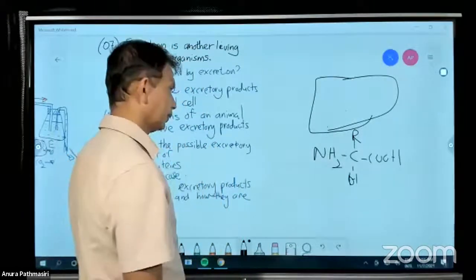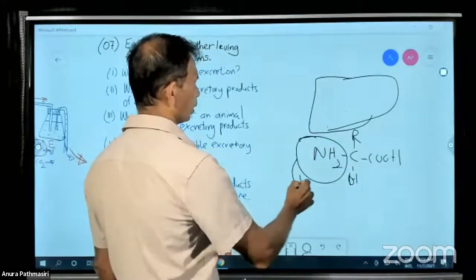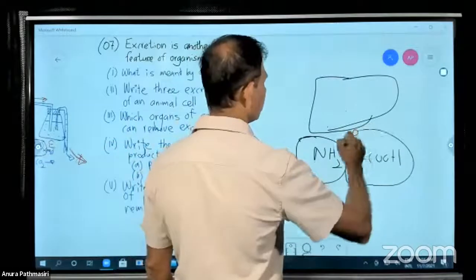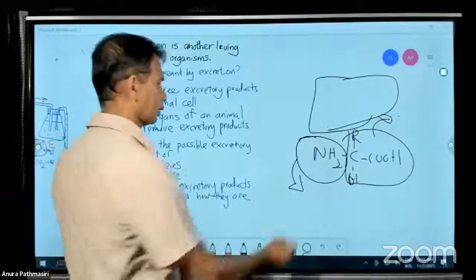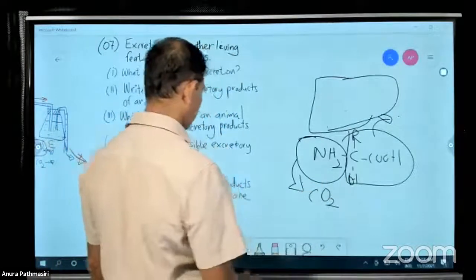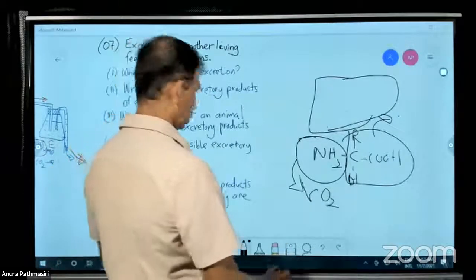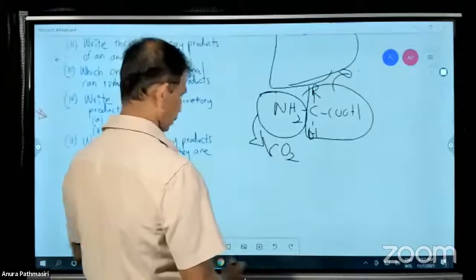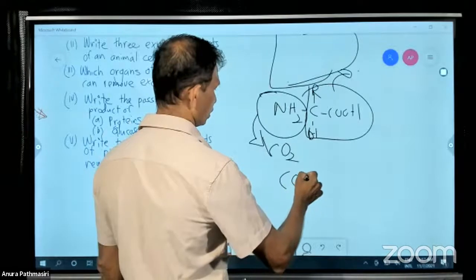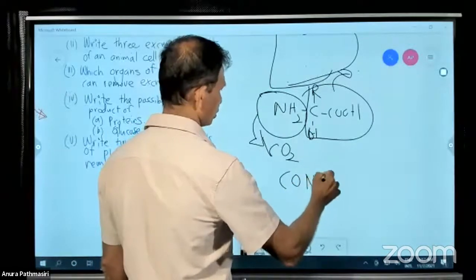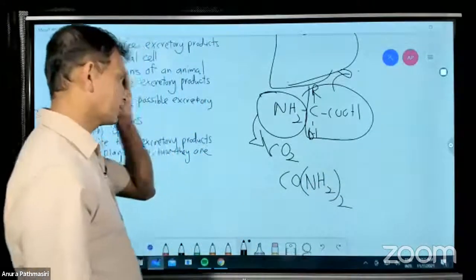The amino part will be broken down, and this one will be used to produce glucose and glycogen. And this one, together with carbon dioxide, produces urea, that is CONH2 twice, that is urea.